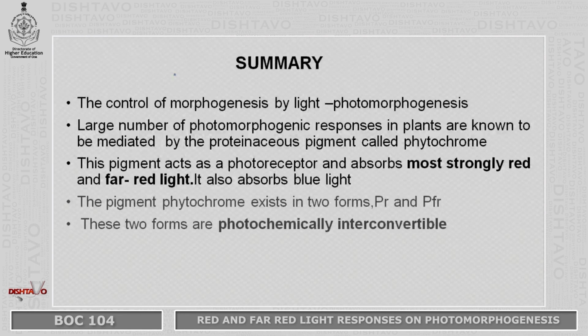This pigment acts as a photoreceptor. It absorbs most strongly red light and far red light. It also absorbs blue light. The pigment phytochrome exists in two forms, one PR, that is red light absorbing, and the second PFR, that is far red light absorbing. These two forms are photochemically interconvertible.